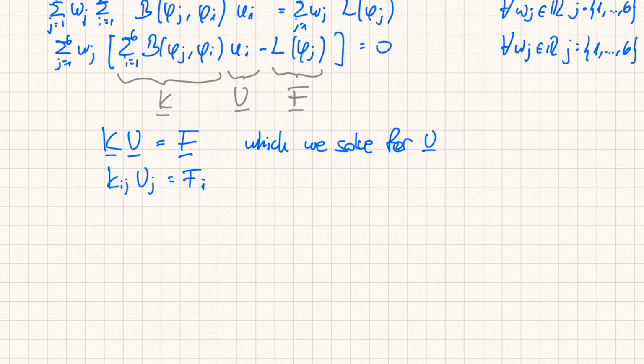Now, how many degrees of freedom per node are you going to have? 2. And so, what would be the size of a system that we need to solve in 2D? Yeah, twice the number of nodes. And if you go to 3D, 3 times the number of nodes.